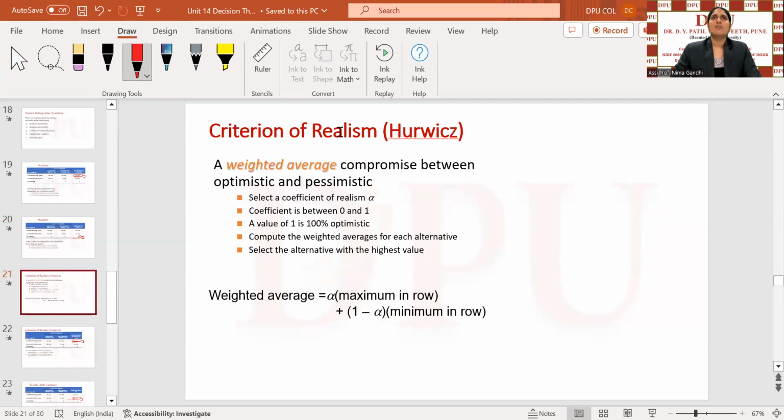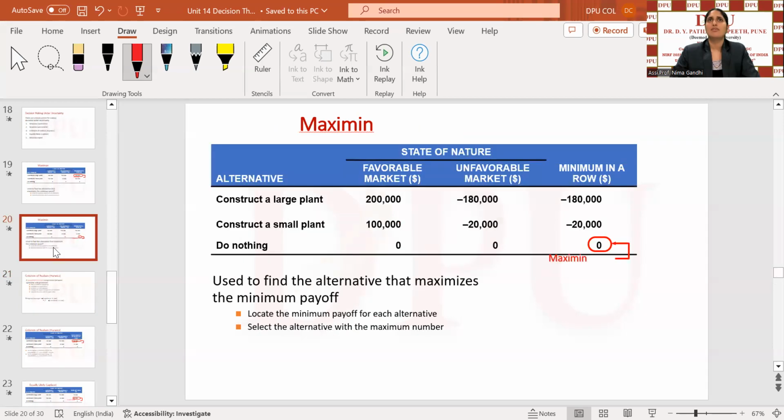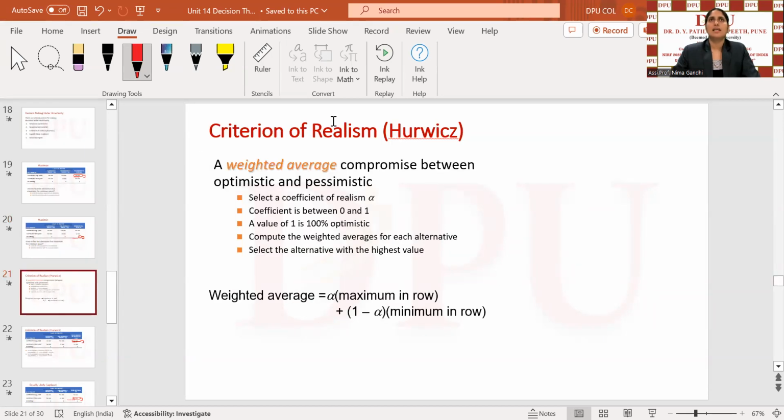Then this is the criteria of realism. So you don't know the probability of what is the chance that the market remains unfavorable, what is the chance that the market remains favorable. So in this criteria of realism, you are selecting the coefficient of realism.